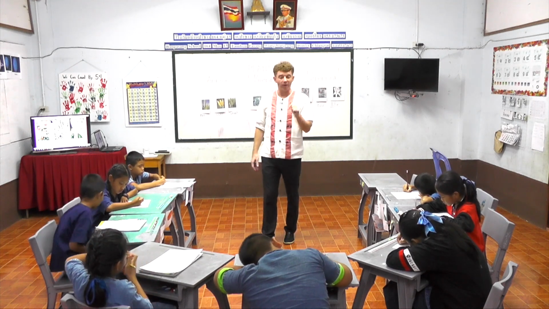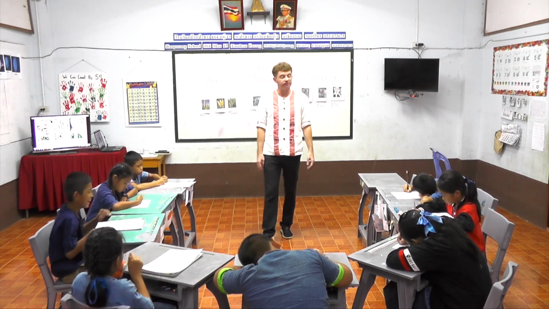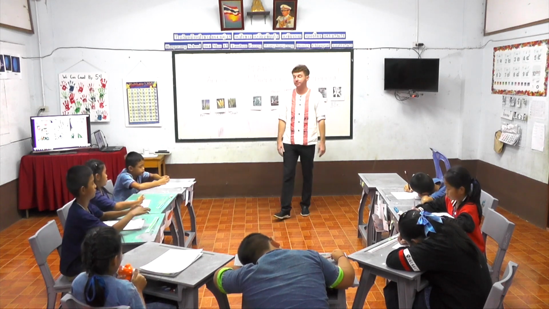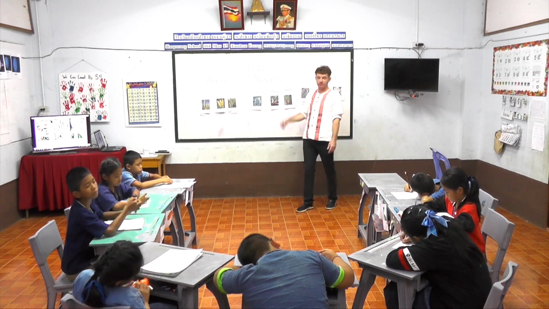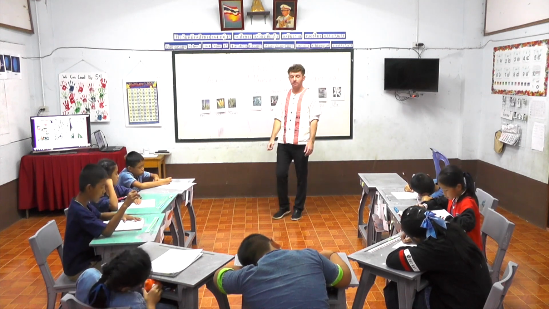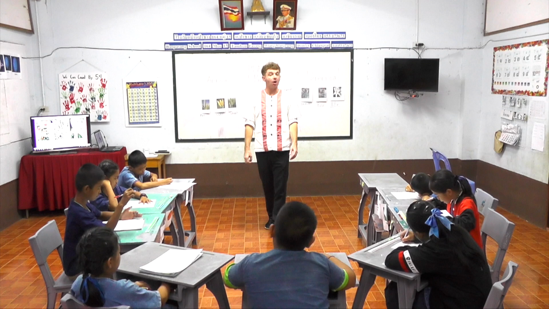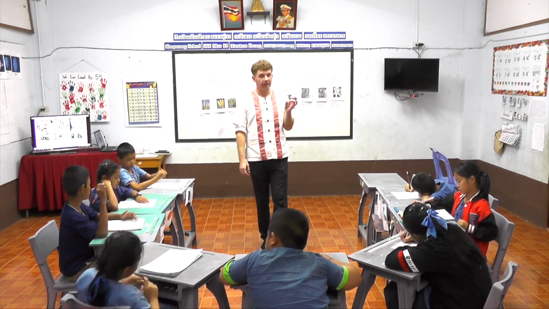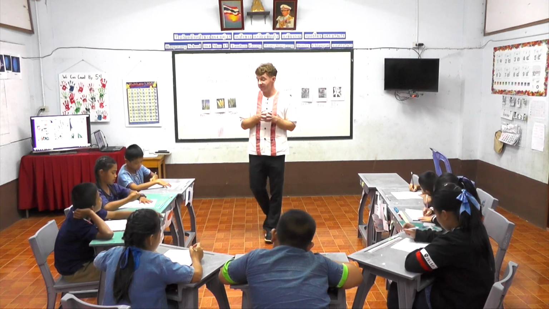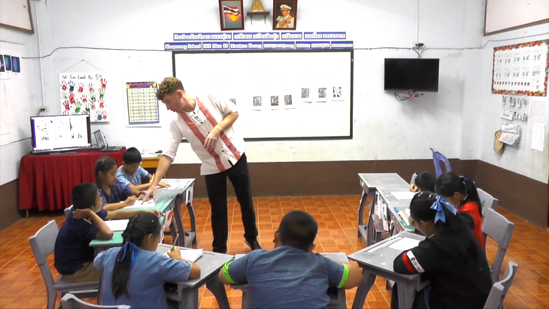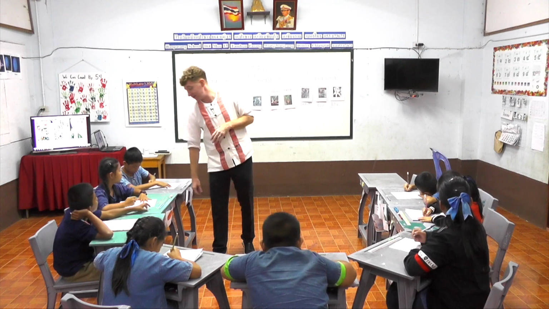And the first question, how many categories of plants have we learnt about today? 1, 2, 3. There are 3 categories of plants according to how they live.